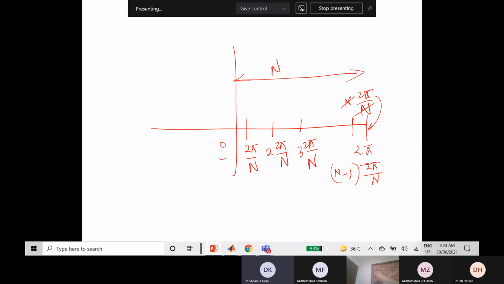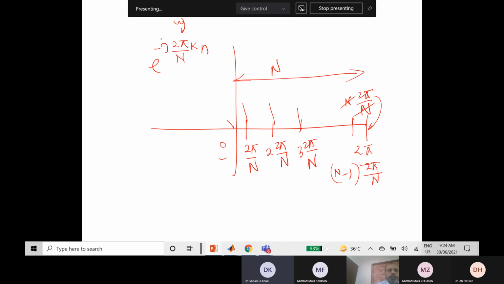So instead of having omega, we say, instead of omega I write 2 pi k over N, because k0 will bring me here, k1 will bring me here, k2 will make this sample, k3 will. So instead of omega, you replace omega by this, and obviously you put an N here. This is the change you make in the formula: now instead of omega, you have a discrete value on the frequency axis, regularly sampled.